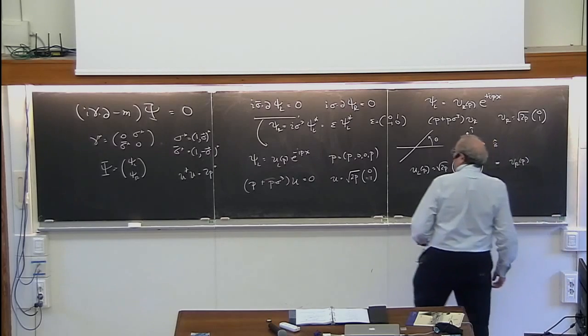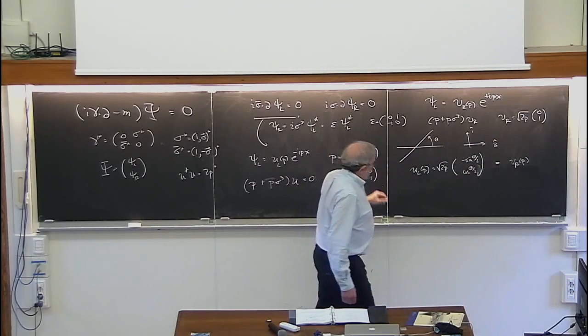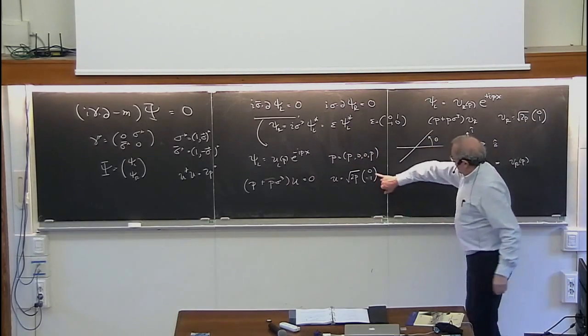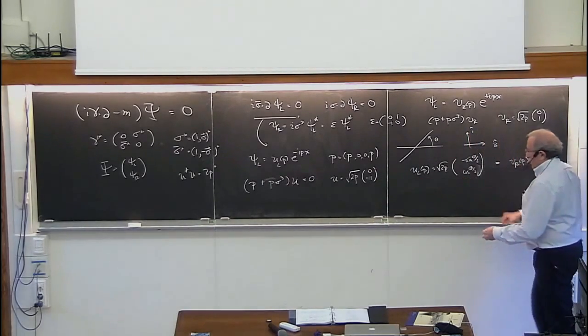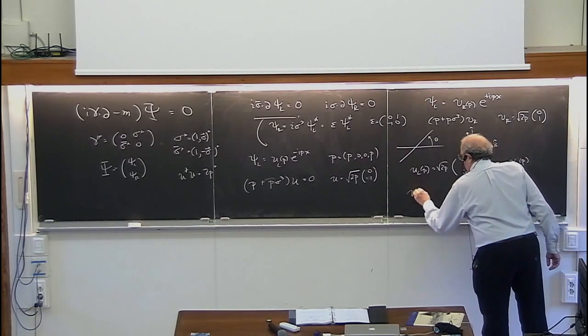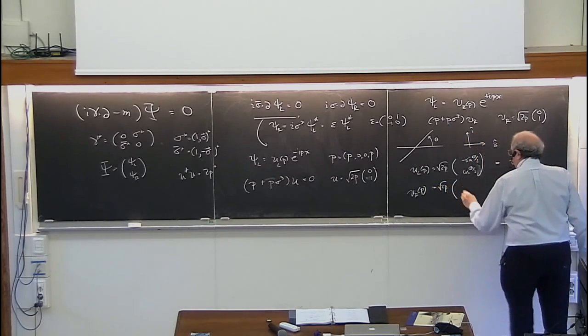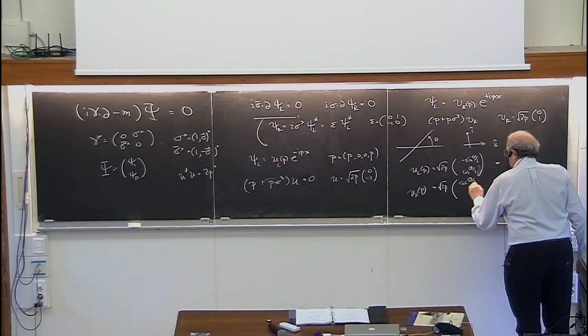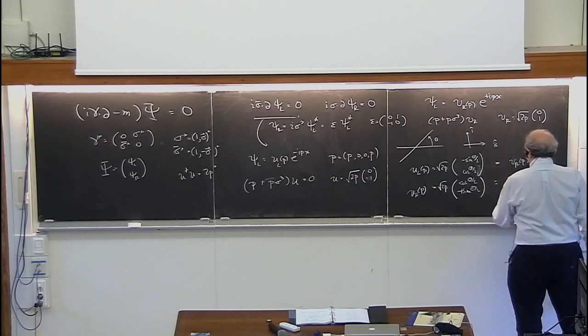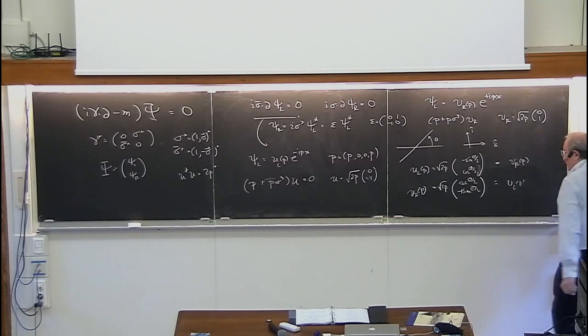And then if I were to solve the equation, I would naturally get something that starts with 1, 0, and then I rotate it. So UR of P, cosine theta over 2, sine theta over 2, is the same as VL of P.